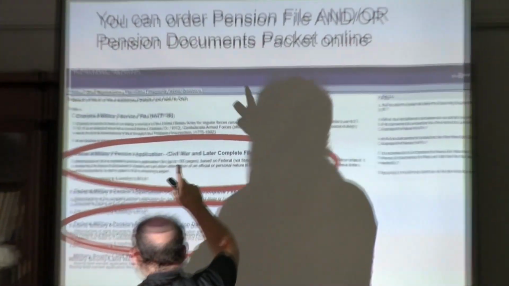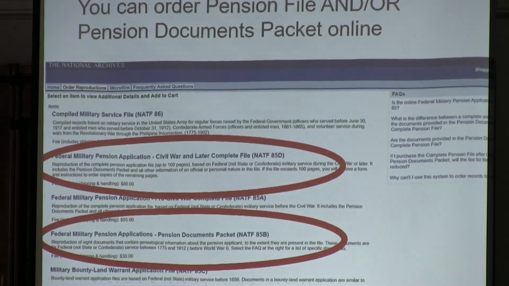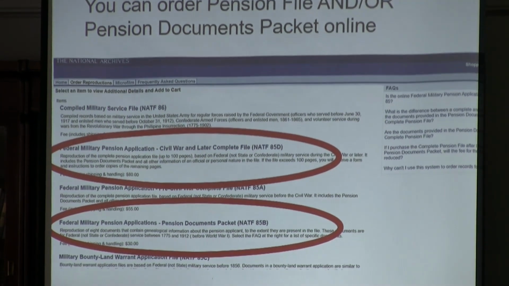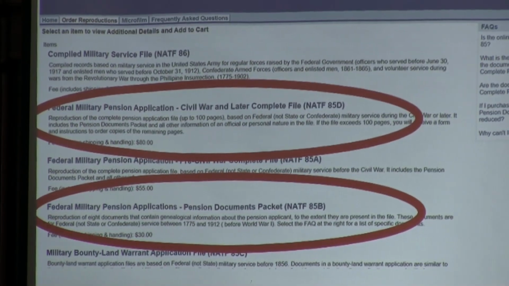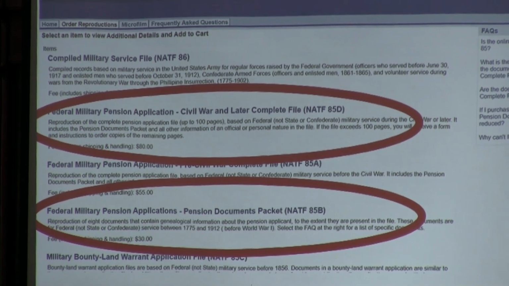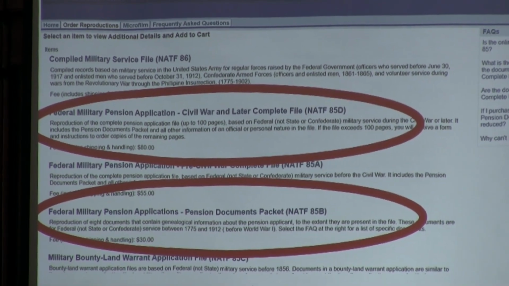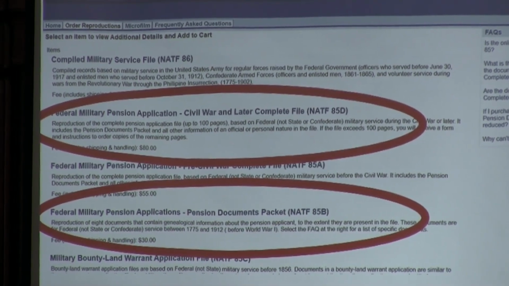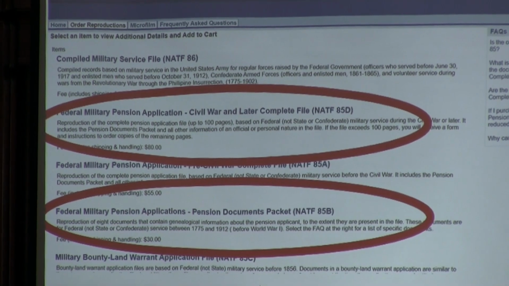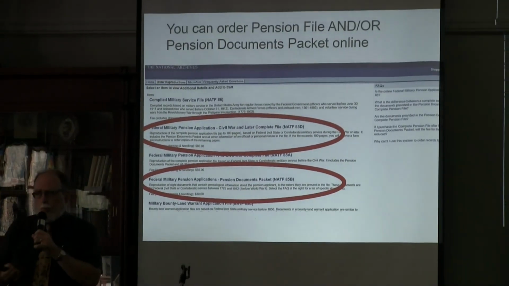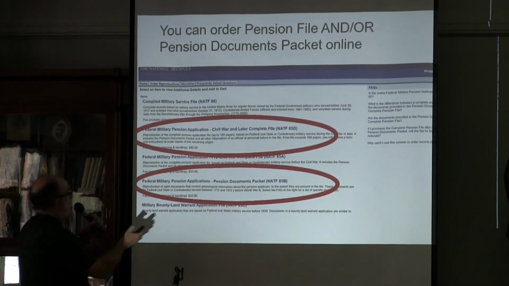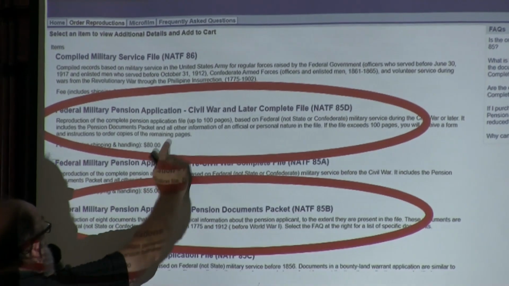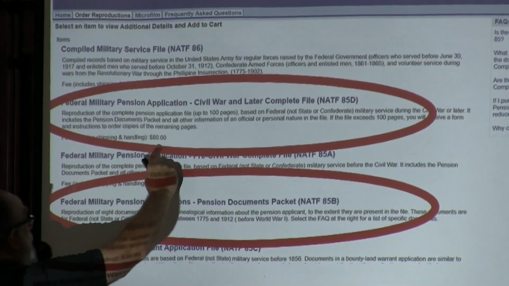Now you can order this pension file or pension documents packet online. I don't know if everybody's comfortable doing this online. It can seem a little daunting, but if you take your time, I found it to be doable. You can order the complete pension application for $80.